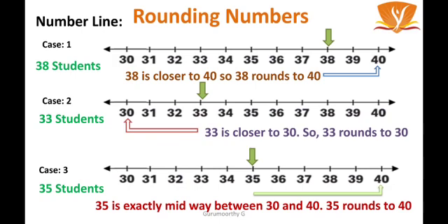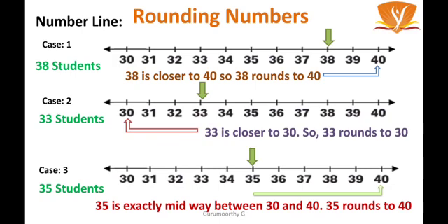As for example, in case of 33, the one's digit is 3, and as it is less than 5, 33 is rounded to 30. It is the nearest 10. When the digit at one's place is 5 or more, we round up, meaning the 10's digit is increased by 1 and the one's digit becomes 0.